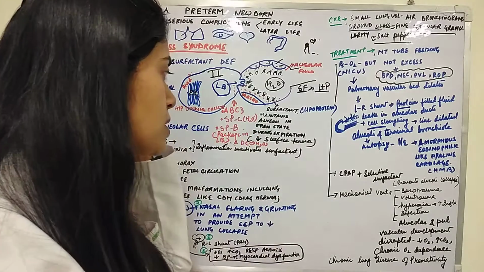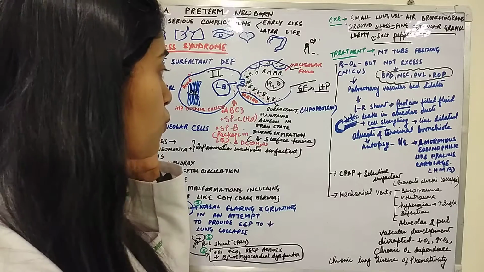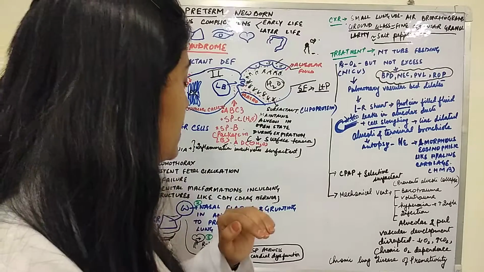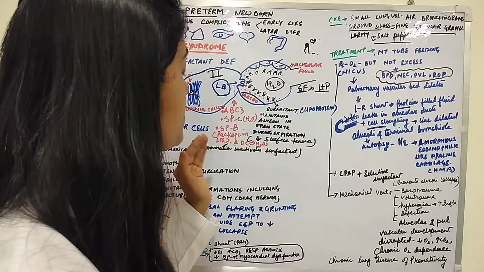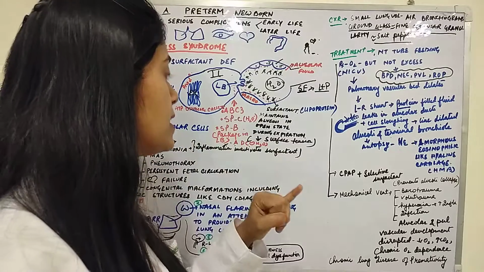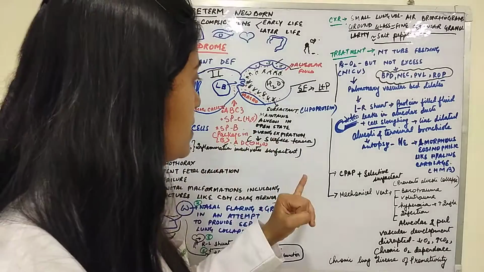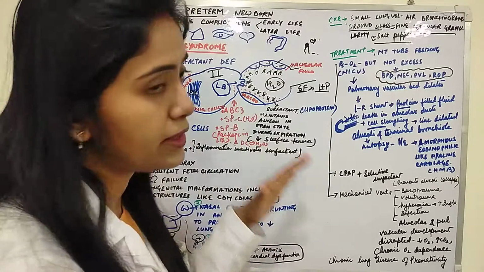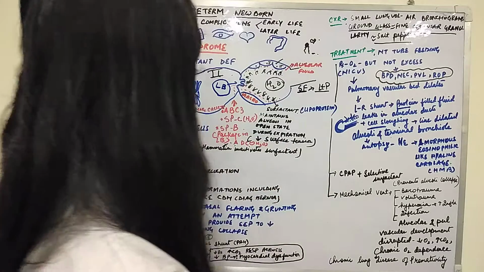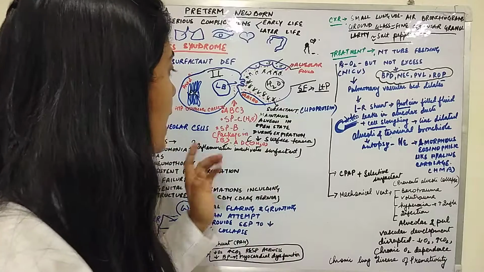There are other proteins also that we can talk about, of which SPB and SPC, surfactant protein C and surfactant protein B, are important because again their deficiency can lead to RDS kind of a picture.